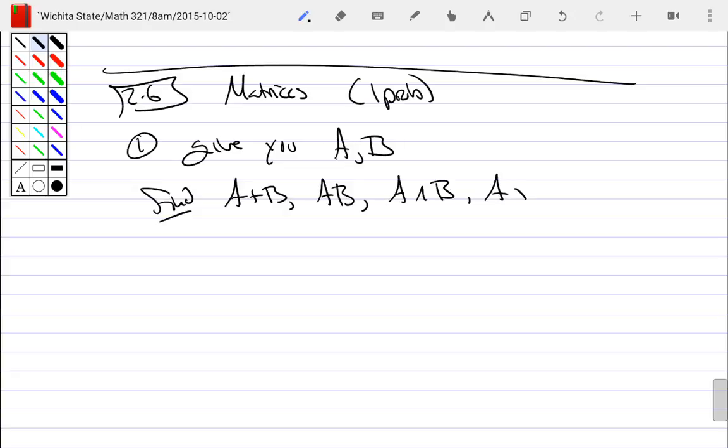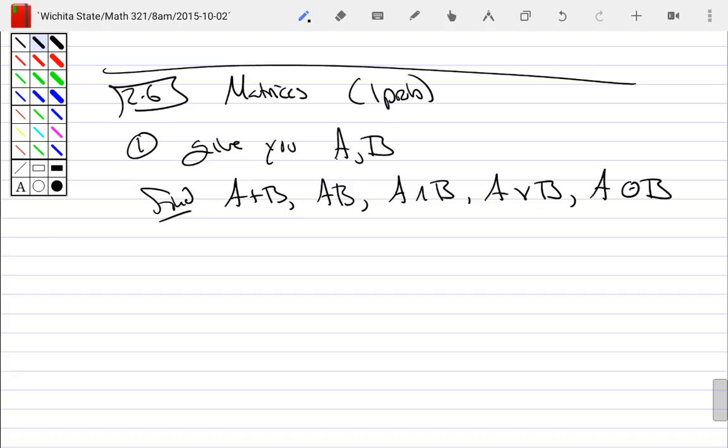Meet A, join A, Boolean product. So obviously my A's and B's are just going to be a bunch of zeros and ones. That way I don't have to have a bunch. The first two, it's the number 0 and the number 1. For the last three, it's the bit 0 and the bit 1. That's called laziness on my part. To show me that you can do all the ops.